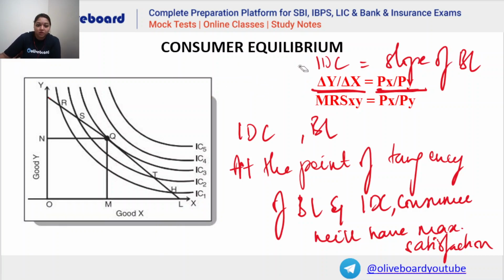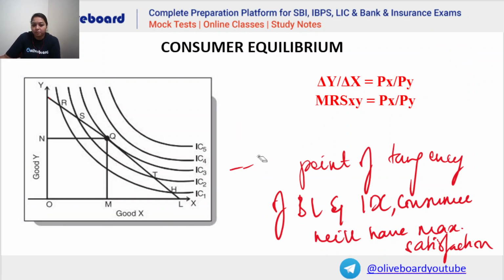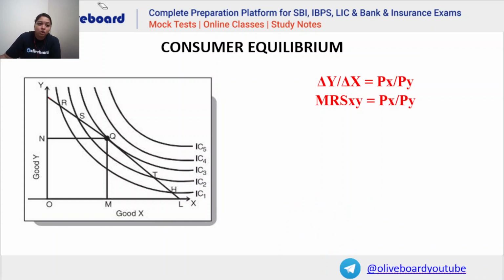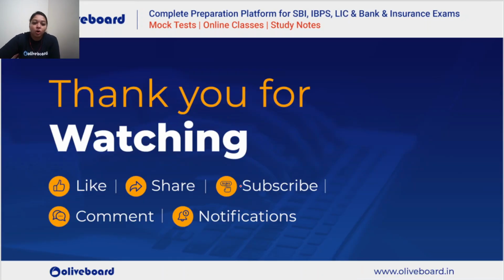If an MCQ is asked, at the point of consumer equilibrium, how is it depicted through the slope of the budget line and indifference curve? Either the first one or the second one should be your answer. Clear? I hope you have understood indifference curves, budget line and consumer equilibrium and consumer surplus.